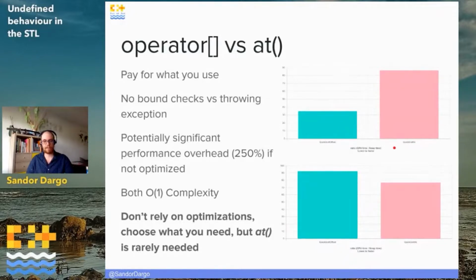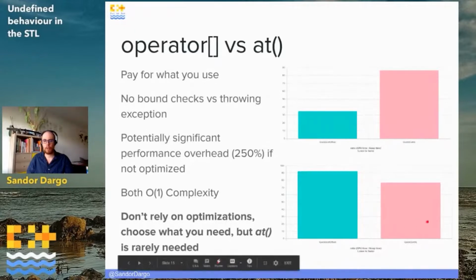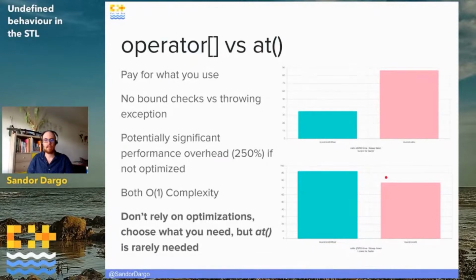Of course, they have the same complexity, it doesn't change, but the live runtime performance is really different. And then if you turn on some optimizations, here I think I used O2, the results are pretty much the same. Even the compiler could optimize the quicksort with the at method a bit more, so the difference is not so important. And well, you shouldn't really rely only on compiler optimizations in the code.